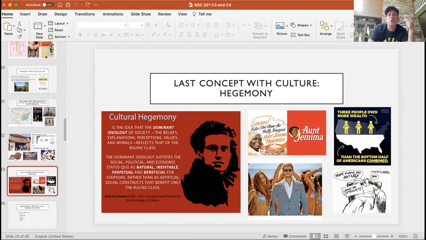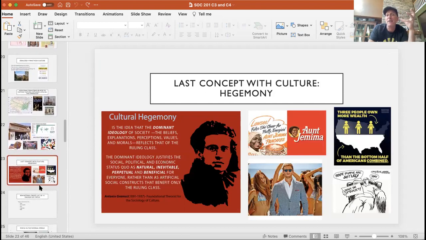Okay, last concept of culture is the idea of hegemony. Hegemony is an idea from Antonio Gramsci, a Marxist during the rise of fascism in Europe, specifically in Italy. He had this idea that control of culture is how you control a population, and that individuals in society become the carriers of culture.